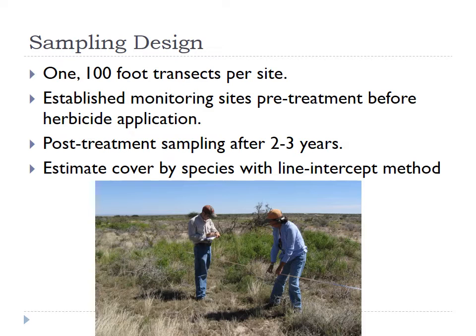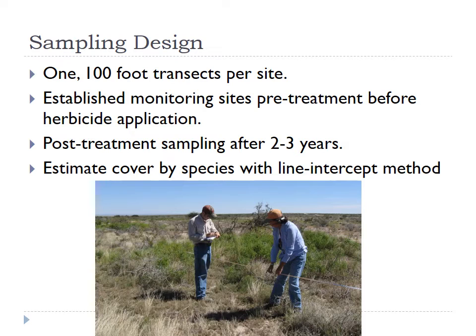They established the plots, and then herbicides were applied, and a couple of years later, either in 2008 or 2009, so 2 to 3 years post-treatment, the plots were examined again with the exact same treatments, and they estimated the cover by line intercept of species, including the major grasses and shrubs, and this was all done by species. We're going to combine a lot of the individual species into categories of grasses, forbs, and shrubs.